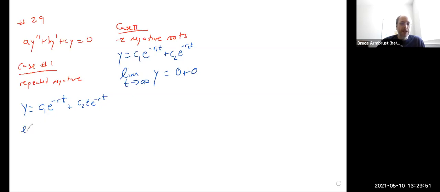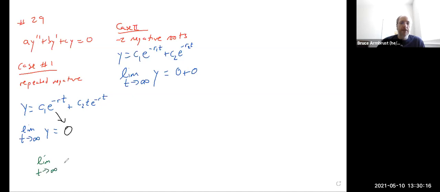And so it's the same question as before. What's the limit as t goes to infinity? Now, the first one's pretty easy. That's clearly 0 for the same reason that these guys were 0. But what about this one? Well, to actually find that limit, let's go back to L'Hopital's rule.